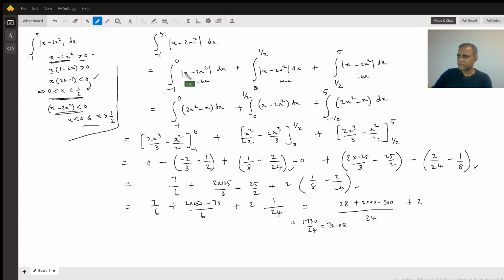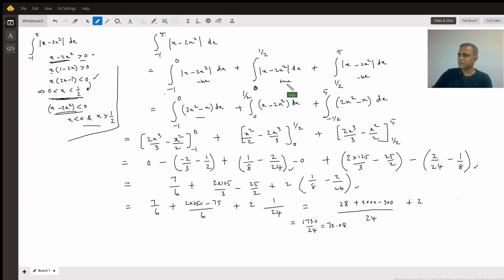So let's get rid of the modulus sign accordingly. Because this is negative, we have to multiply this with -1 to get out of the modulus. So that's 2x squared minus x.